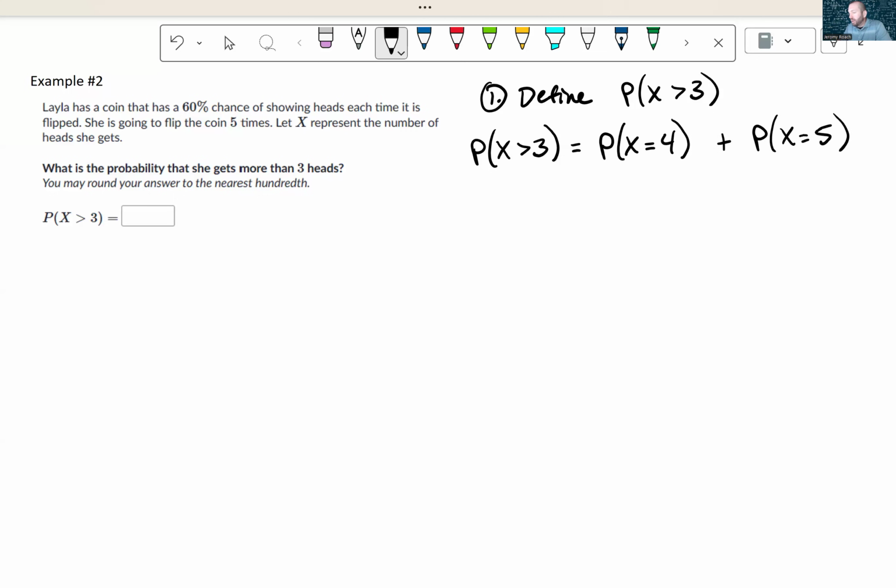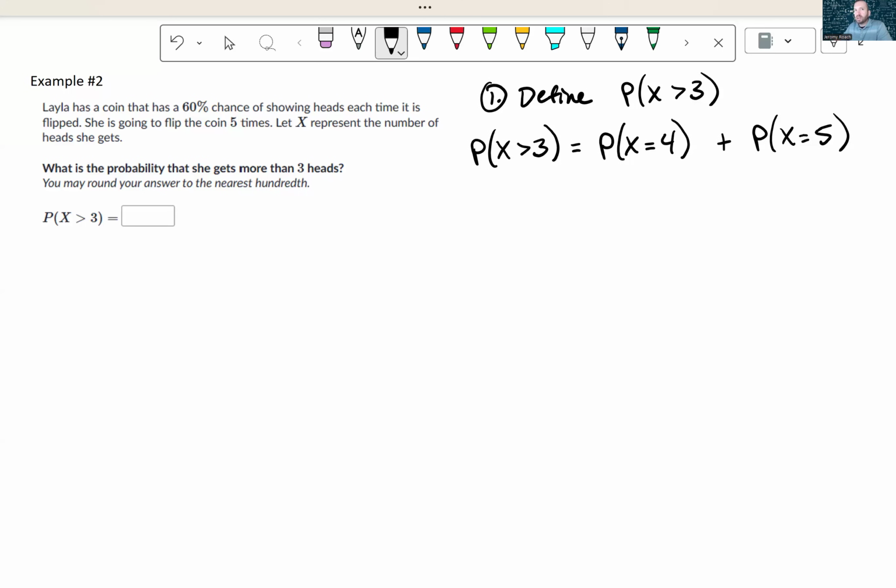So we're saying that the probability that she gets more than 3 heads is the same thing as the probability that she gets 4 out of 5 heads, plus the probability that she gets 5 out of 5 heads. So that's an equivalent statement there.